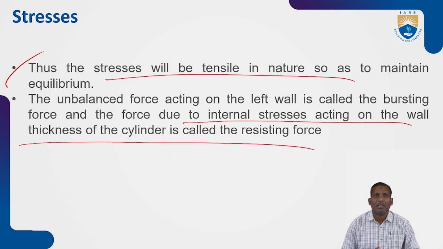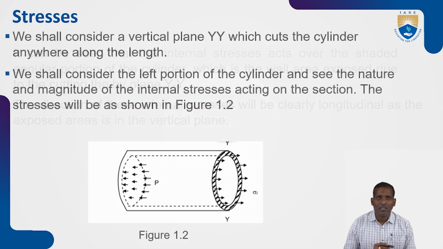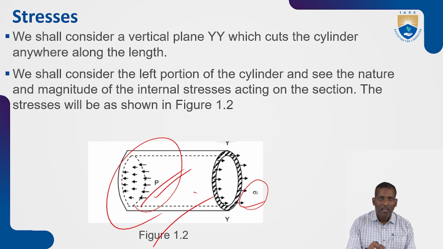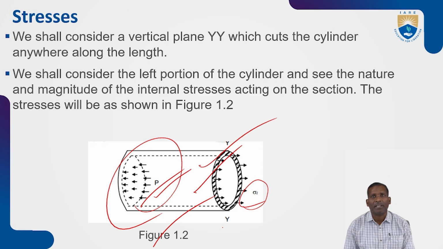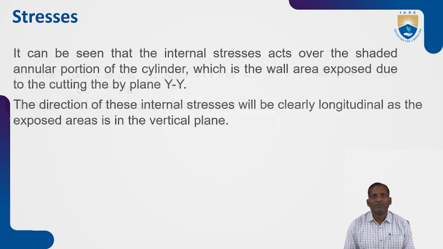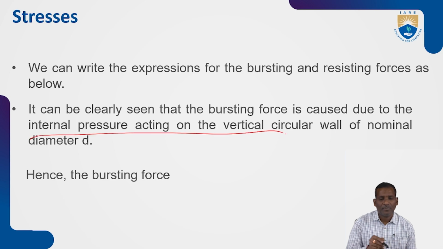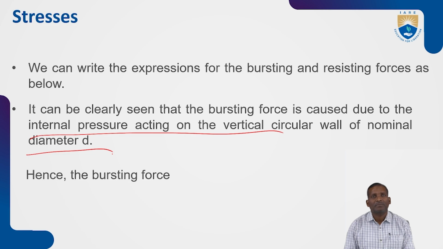The internal stresses acting on the wall thickness give the resisting force. It can be clearly seen that the bursting force is caused by the internal pressure acting on the vertical circular wall of nominal diameter d.